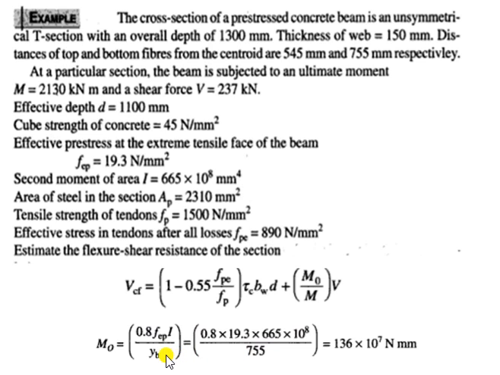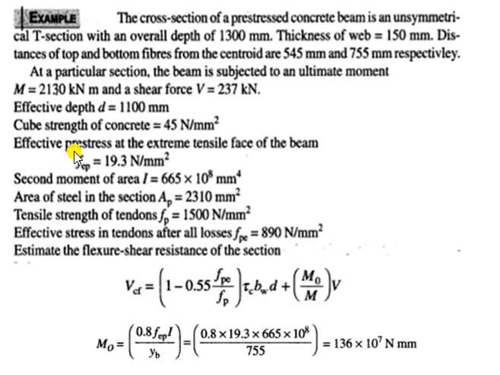Substituting all these values, we get M naught equal to 136 into 10 to the power of 7 Newton millimeter.